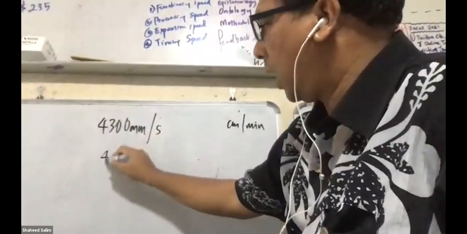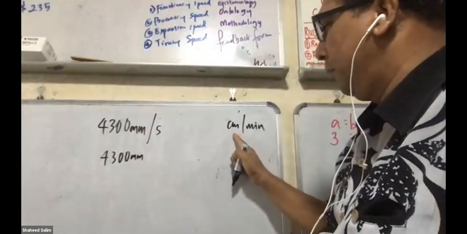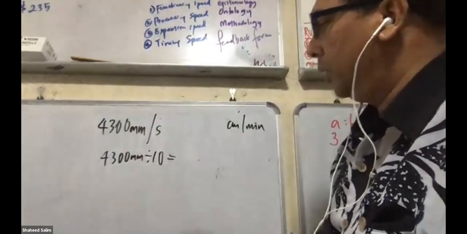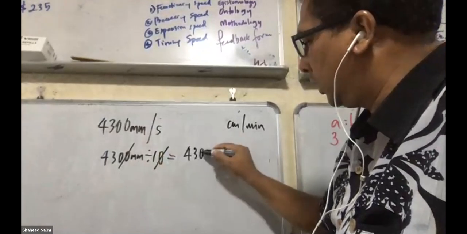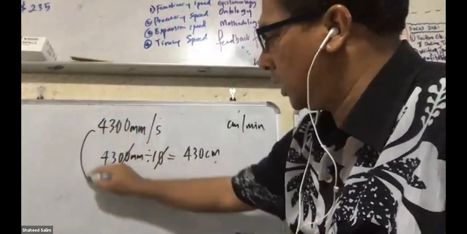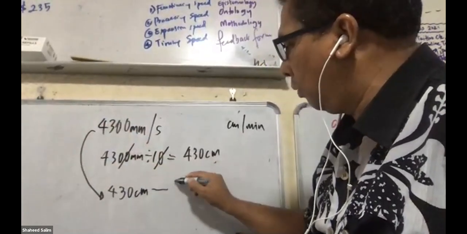This is 4,300 mm. You want to change to cm. So first you divide by 10. Then you get it in cm. Cancel 1 0, cancel 1 0, 430 cm. Okay, so this is now down here 430 cm in 1 second.